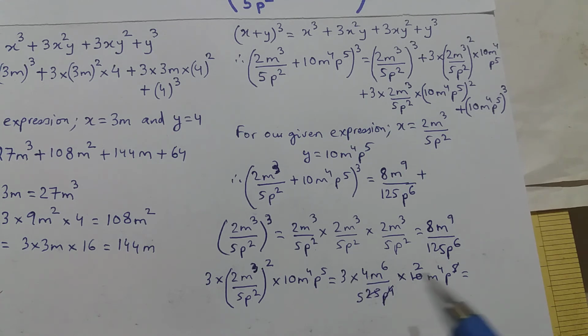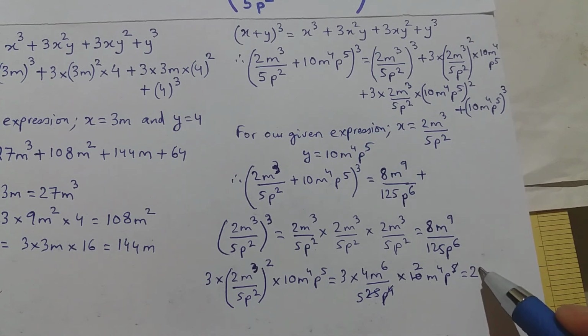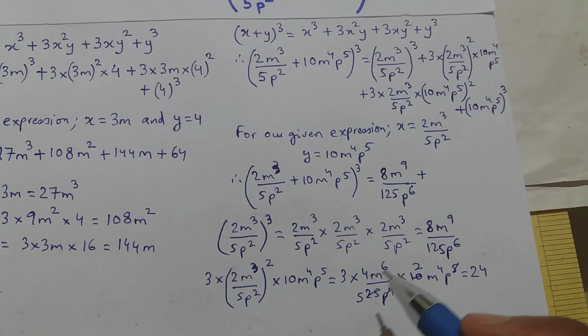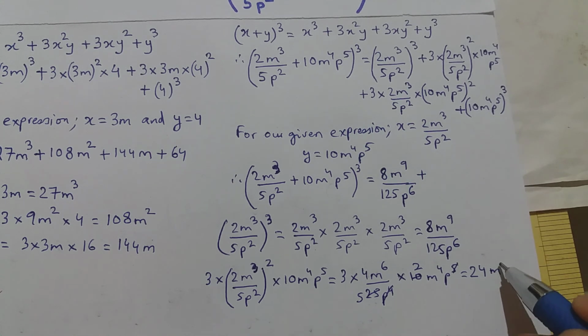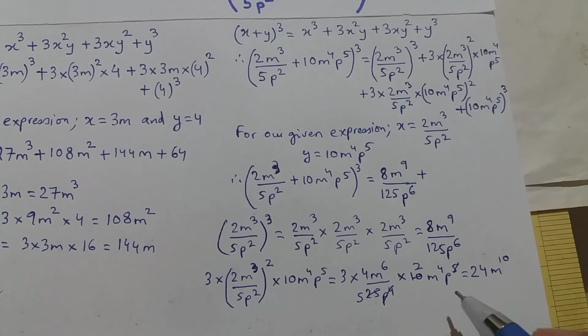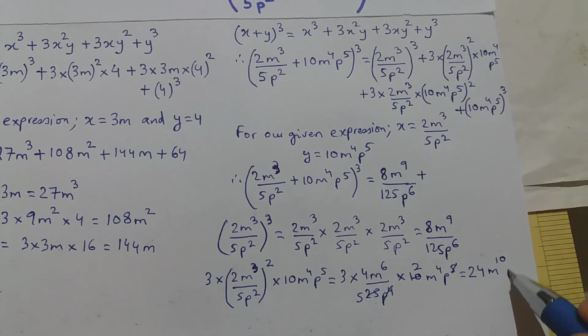And now let us simplify this. So first we will multiply the numerators to each other. So 3 into 4 m to the power 6 into 2 m to the power 4 p. So 3 into 4 is 12, 12 into 2 is 24. Now m to the power 6 into m to the power 4 is m to the power 10, and then p.